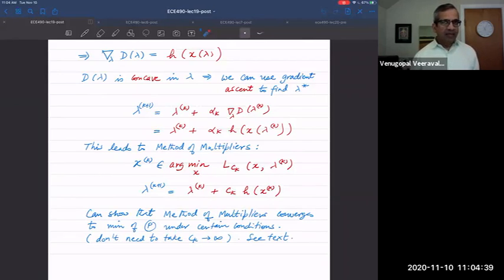So as k becomes larger, you're approaching lambda star. So you don't need to make ck become very large in order to get a good solution. And this is exactly what you're going to verify in computer assignment 3. Okay. So any questions about the method of multipliers?